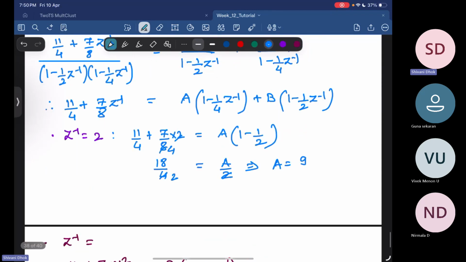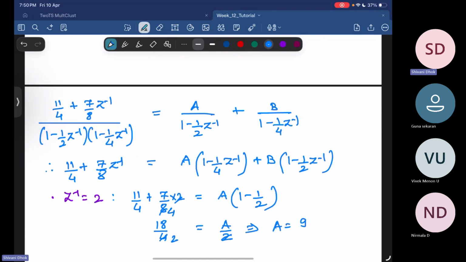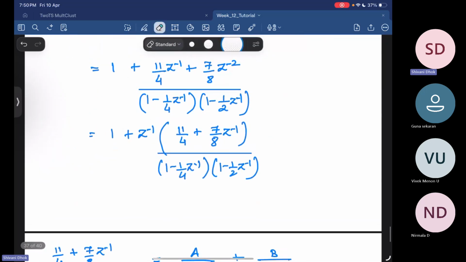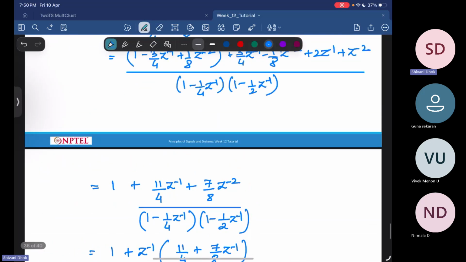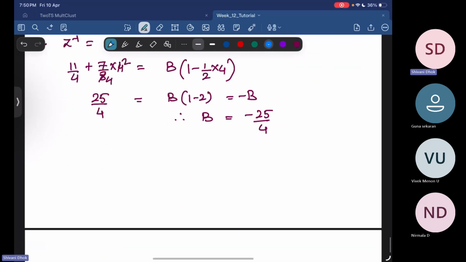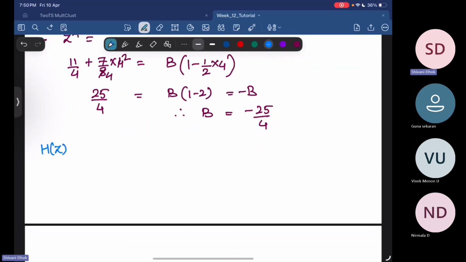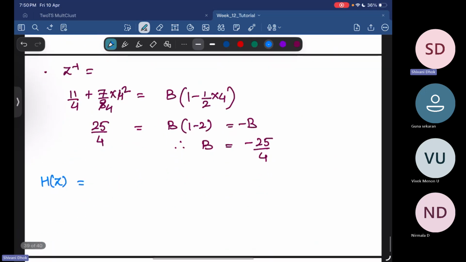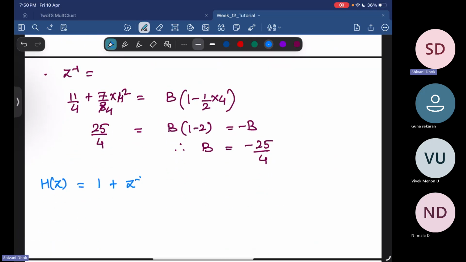So therefore, what do we have now? A is 9 and B is minus 25 by 4. If I plug in all of this in my H of z equation, what I get is H of z equal to 1 plus z inverse.